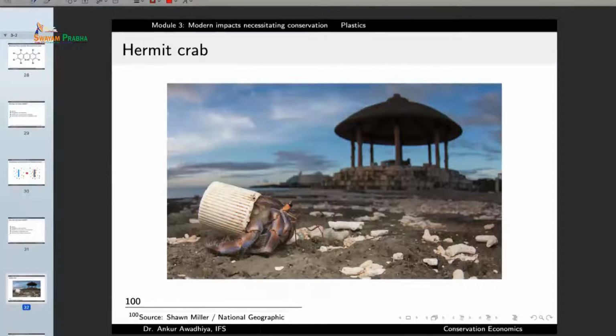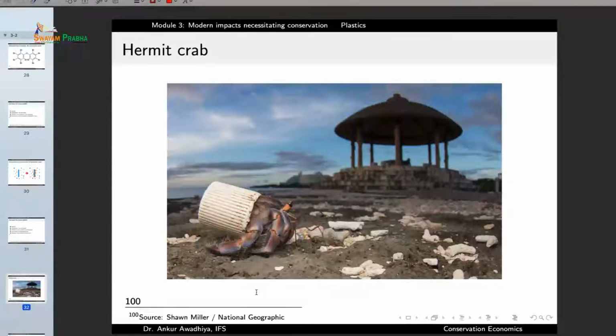Now, hermit crabs have this property that they make use of different shells of organisms as their protection layers. If you watch a hermit crab, in most situations, it would make use of the shell of certain mollusk animals, and it will get inside these shells, and these shells will provide protection to the hermit crab.